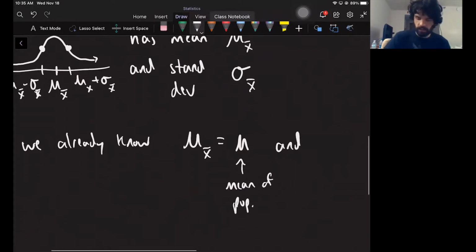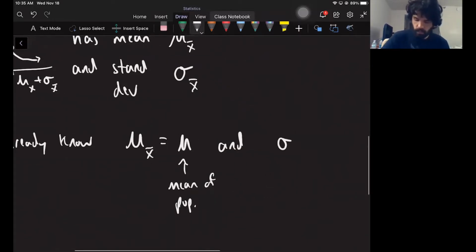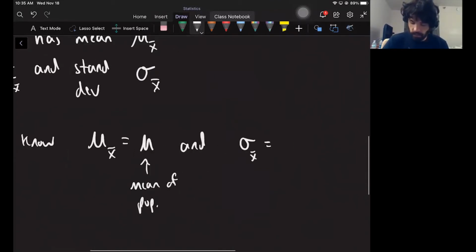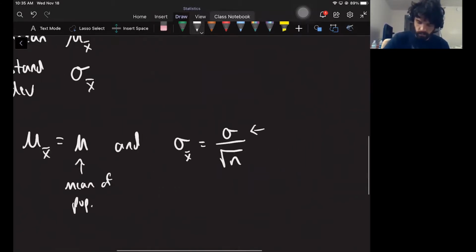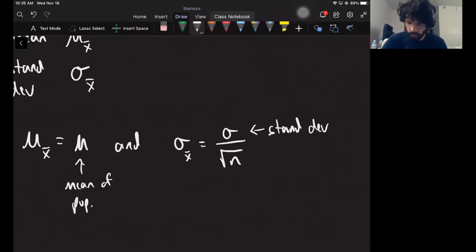And we also know that this standard deviation, how did we find this? It was always just the standard deviation of the population divided by the square root of the sample size. So we already used this stuff, we just didn't call it this thing. So this is the standard deviation of the population, and this n is the sample size.